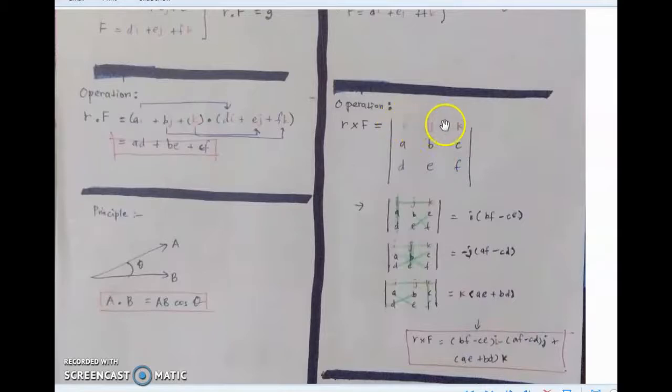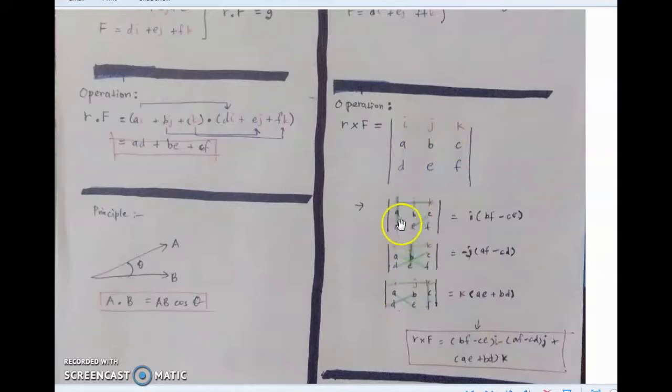So this is the ijk. The ijk in the first line is for the vector r, and the second line is for the vector F. And then from this matrix you do this step.